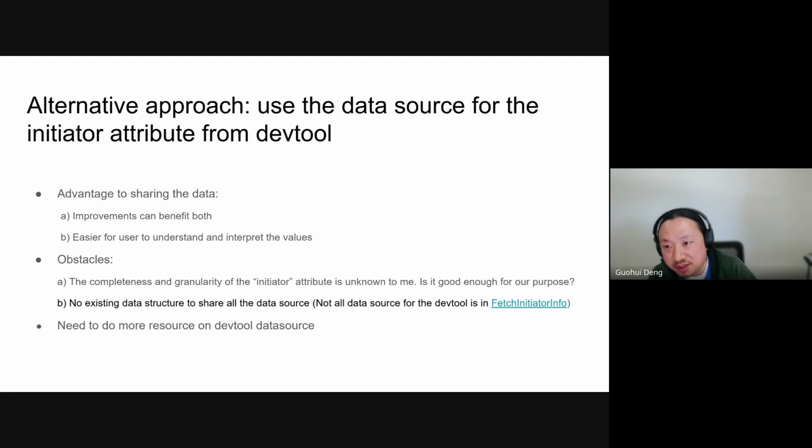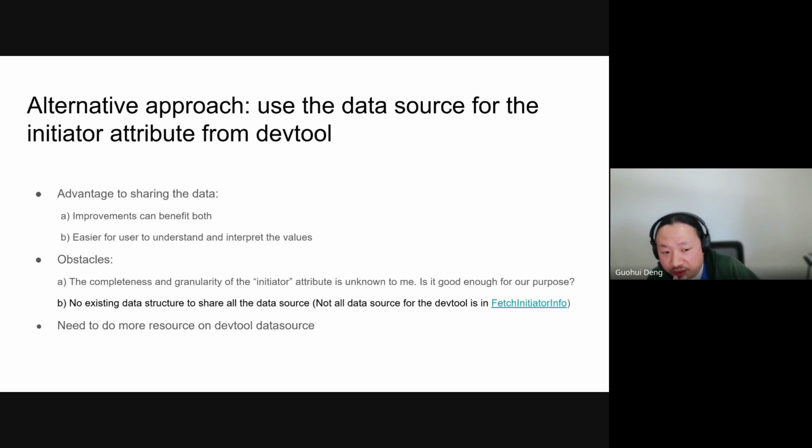If the dev tool and the performance timing share the same data source, there are some advantages. The improvements can benefit both, and it's easier for the user to understand and interpret the values because they're the same from the dev tool and the real user monitoring.